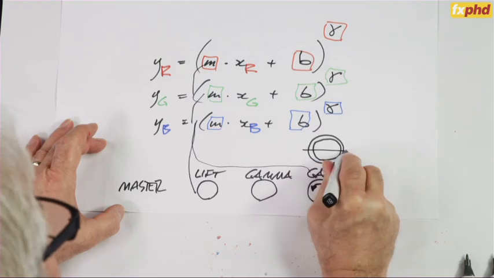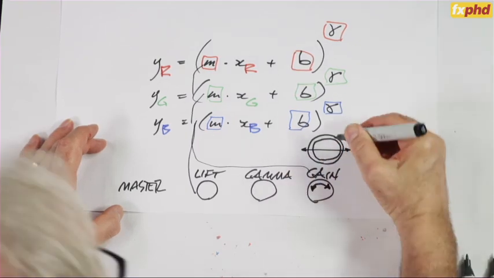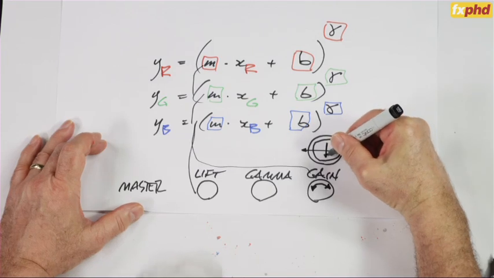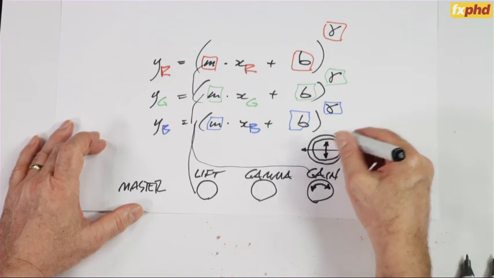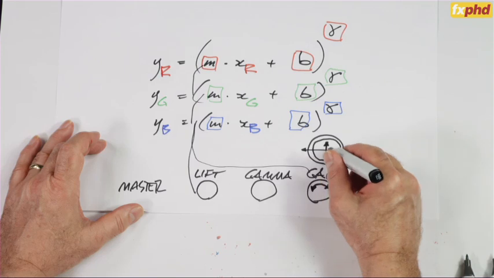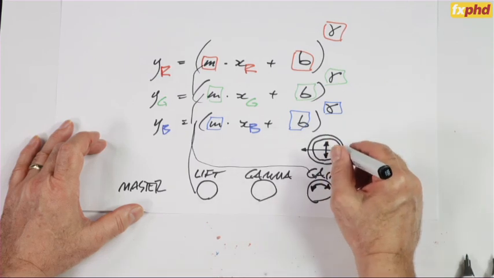And then there's a trackball or a ring, or historically in the old days you might have found a joystick, which allows 2 degrees of freedom to control the differences among the channels, leaving the average value exactly where it is.